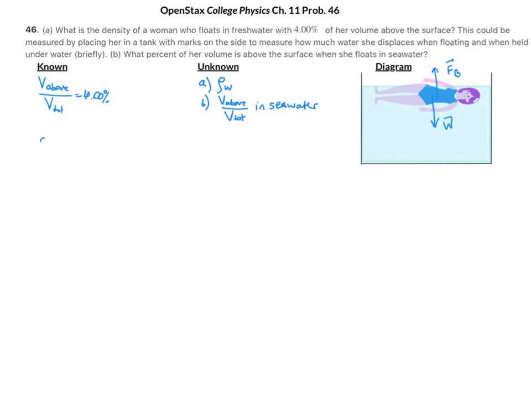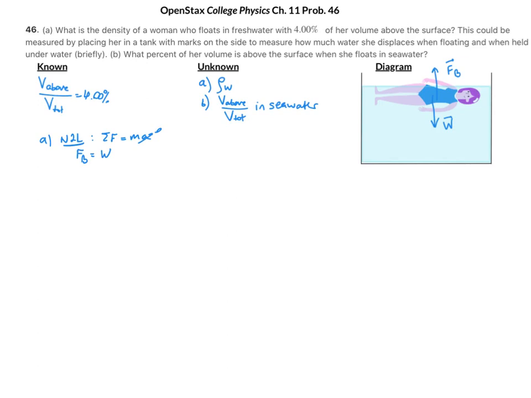So in part A, by Newton's second law, the sum of the forces acting on her is mass times acceleration, but acceleration is 0 because she's floating in equilibrium. So then I have the buoyant force is equal to her weight.